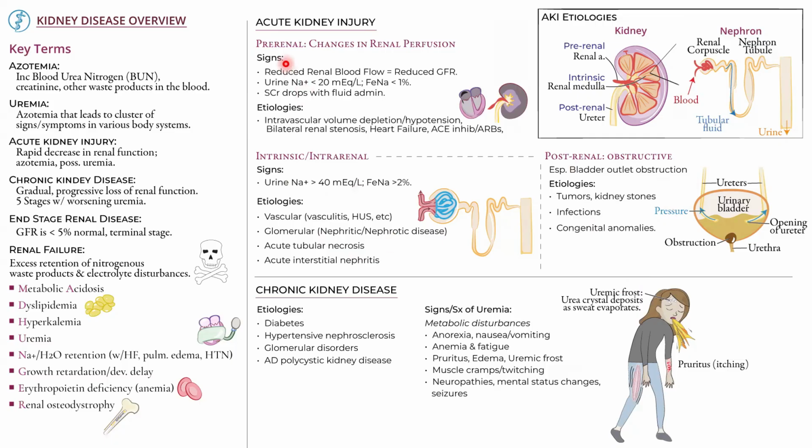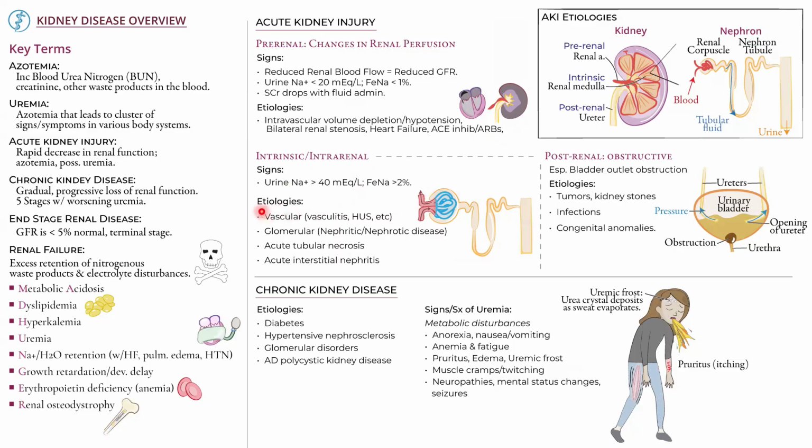So by virtue, pre-renal causes of kidney injury are intravascular volume depletion, that you can see here, hypotension, renal artery stenosis, heart failure, and some drugs such as ACE inhibitors, ARBs, and you can see there. For intrinsic or intrarenal causes, these are causes that are affecting the nephrons themselves.